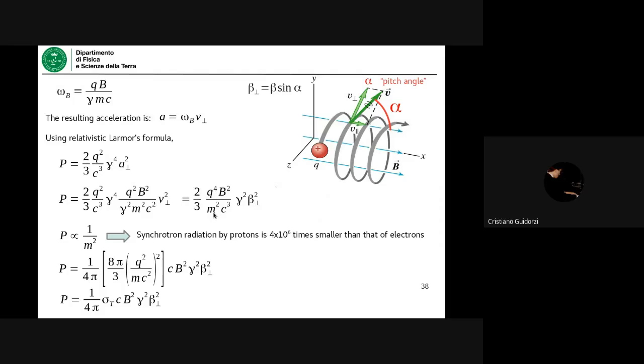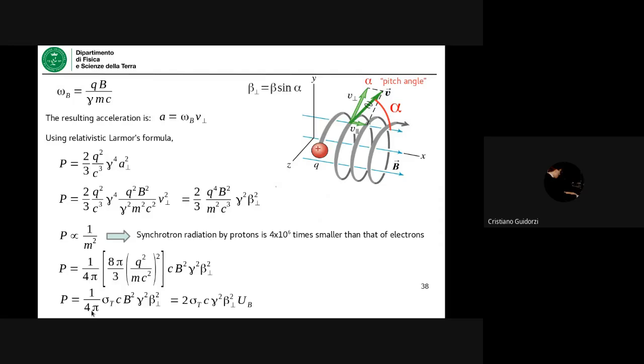And you see, rewriting the total power lost by the electron using the Thomson cross section is particularly meaningful if you look at this formula here. Look, you have B squared over 4 pi.